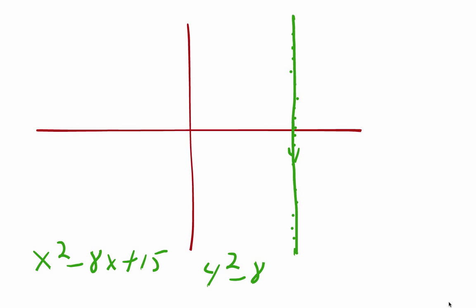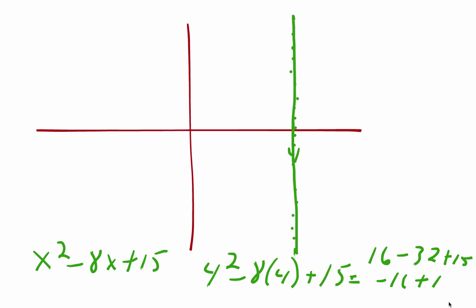I have 4 squared minus 8 times 4 plus 15. So I'd have 16 minus 32 plus 15. That's negative 16 plus 15, which is negative 1. So our vertex now is at 4, because that's what I put in for x.